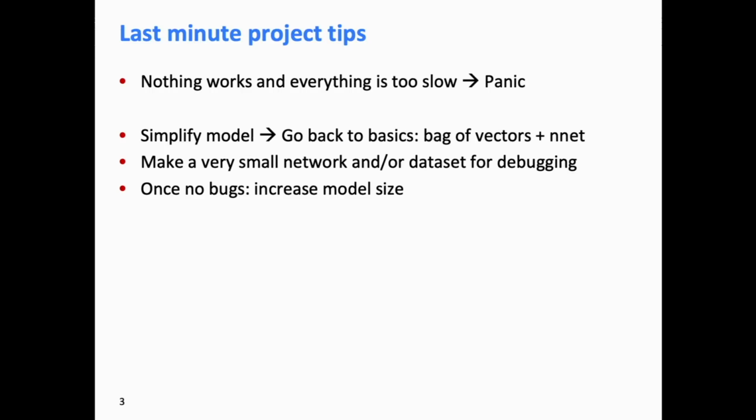After you've gotten something simple working on a small amount of data, that's the right time to expand forward again. You should always make sure that you can completely overfit on your training data set. That's not quite a proof, but it's at least a first good requirement for your model being implemented properly.